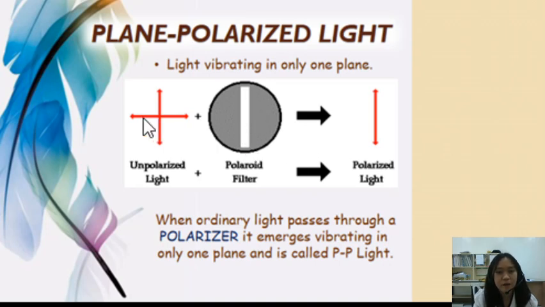So, the other perpendicular line, or yung ibang electromagnetic waves that are traveling perpendicular to the real direction, will be gone. So, ano lang matitira? Yung isang plane lang ng polarized light. So, when ordinary light passes through a polarizer, it emerges vibrating in only one plane. So, after nun, that is what you call the plane polarized light.